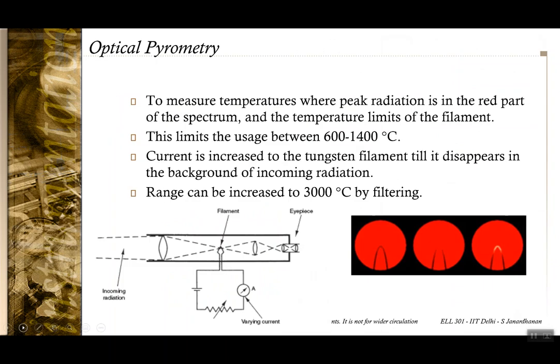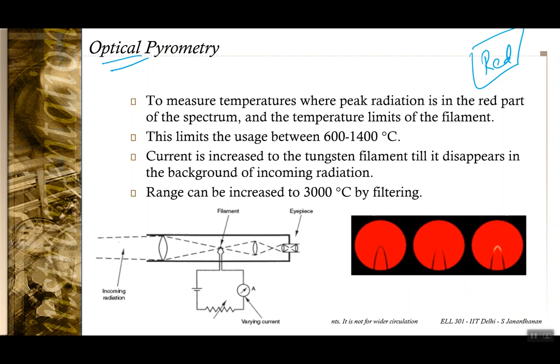Okay. Now, if this peak is happening in the visible range and more so near the red part of the visible spectrum, we will use optical pyrometers. Okay. And in this setup, what you have is a filament whose color is being compared with the hot body background. Let me explain that.